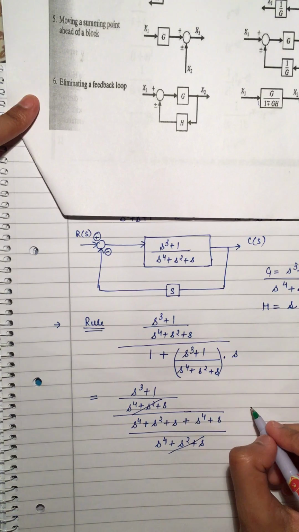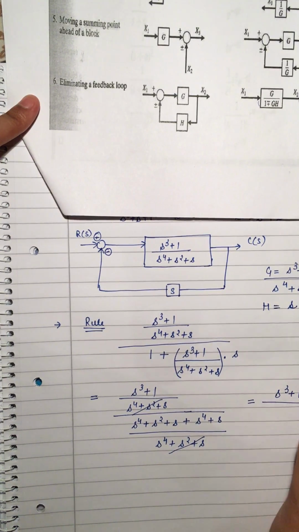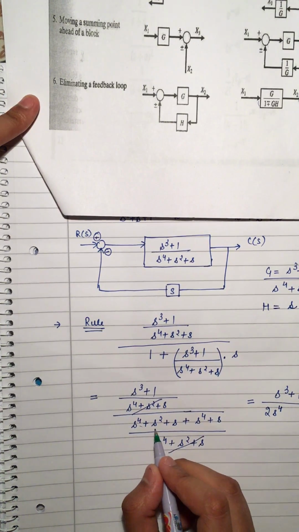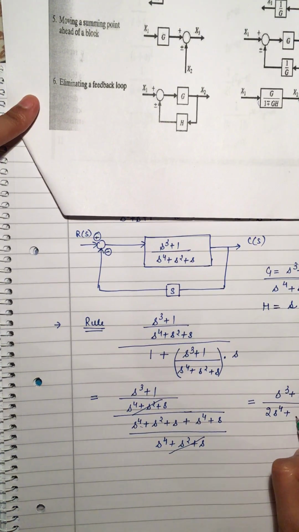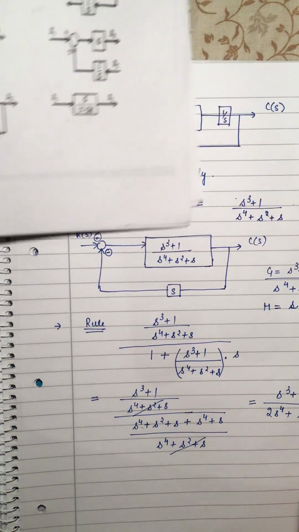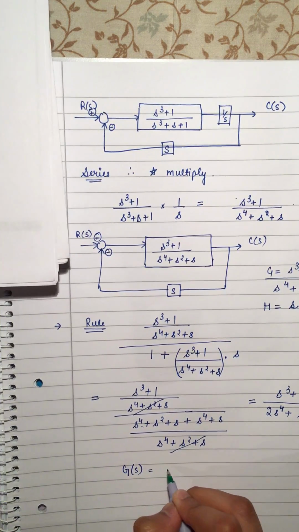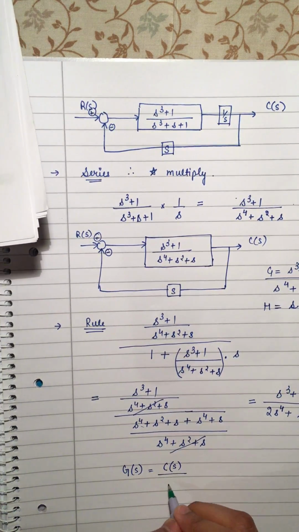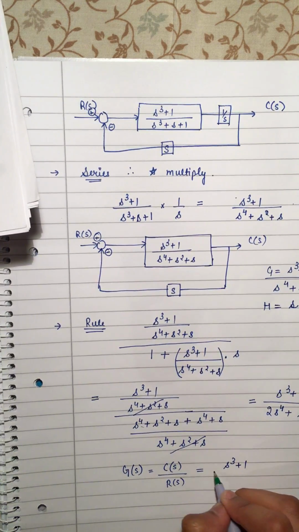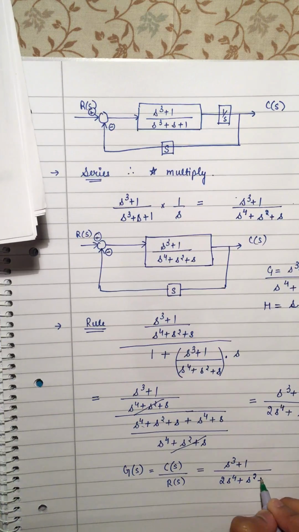This will get cancelled out and it will be left with s cube plus 1 over 2 s to the power 4 plus s square plus 2s. So our transfer function, with the whole loop eliminated, will be equal to s cube plus 1 over 2 s to the power 4 plus s square plus 2s.